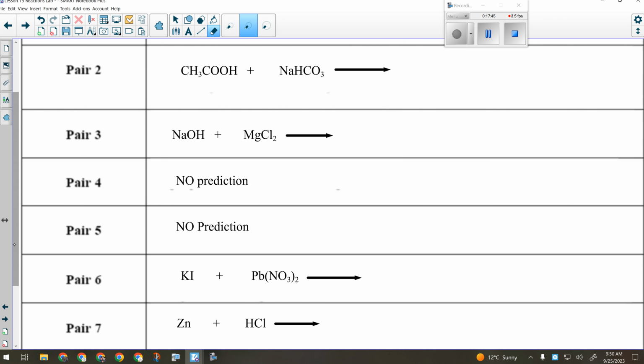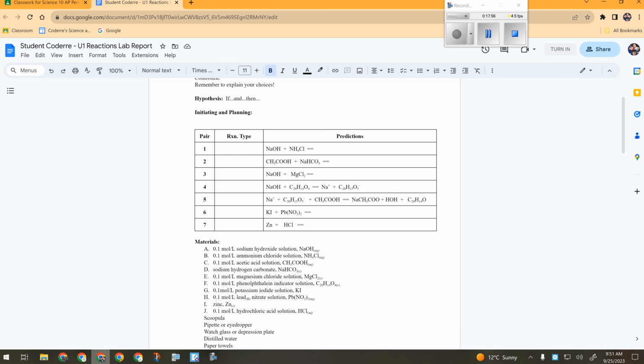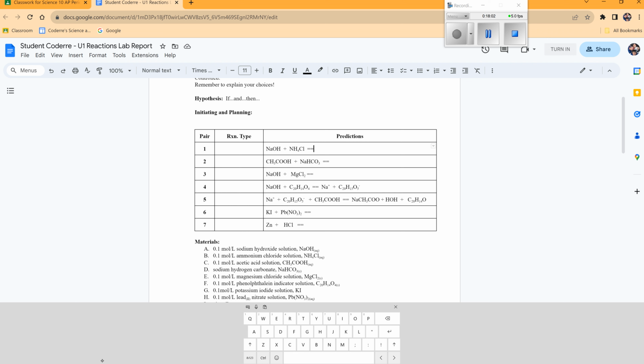When you're writing these out, guys, I want the subscript numbers so we don't confuse them with the coefficients. In Google Docs, to get those subscript numbers, if I'm typing in here, let's say I want to type NH and do a subscript 4.